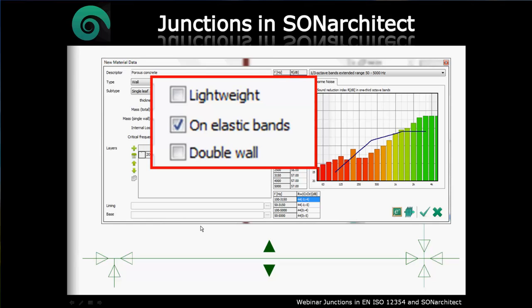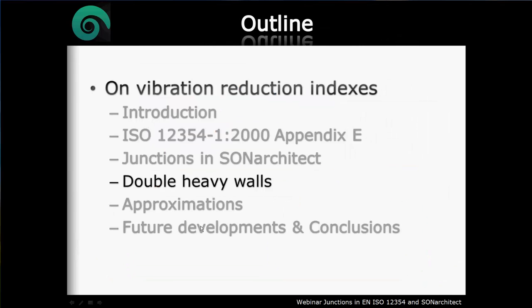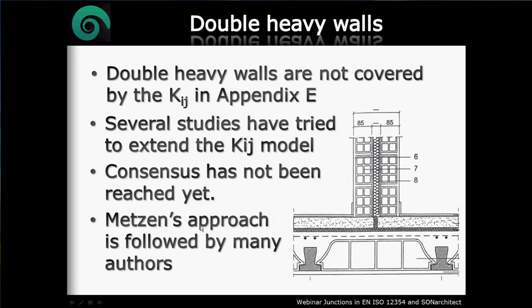The next point of my presentation will be to talk about double heavy walls. Because as you may have noticed, in Appendix E of ISO 12354, there is no trace of double heavy walls.